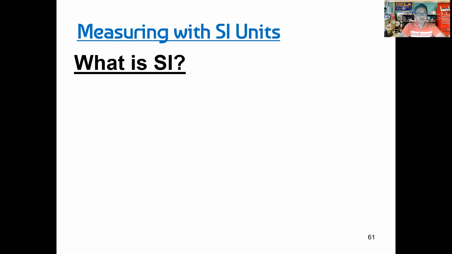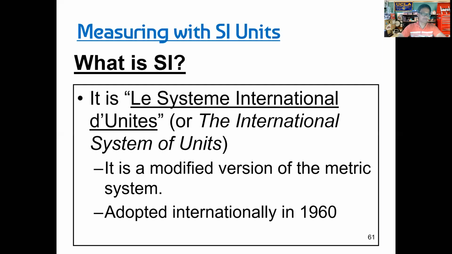What we use in science is a modified version of this metric system, and it's called the SI system. The SI units are a system of units based on the metric system. We take the metric system and use that to define certain physical quantities. This is a system of units that was agreed upon by scientists way back in the day, well before any of us was born, back in the 60s.